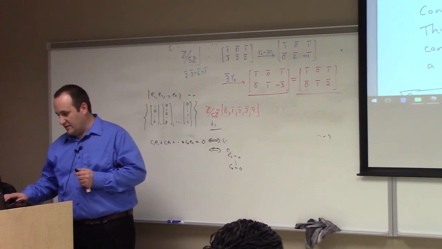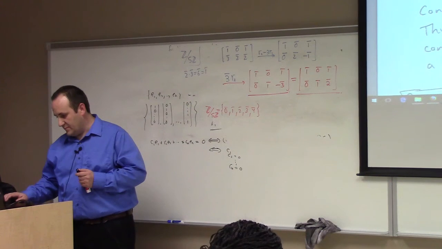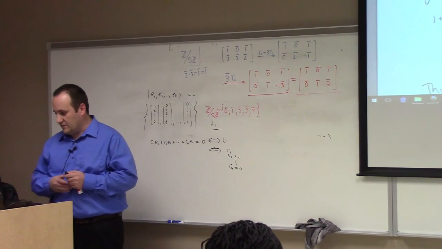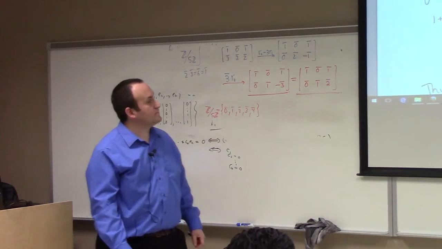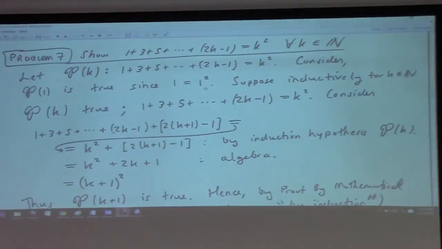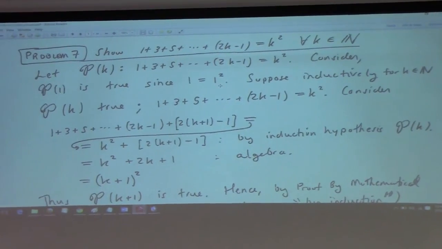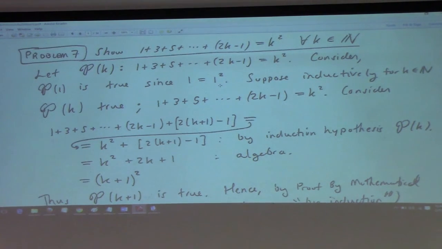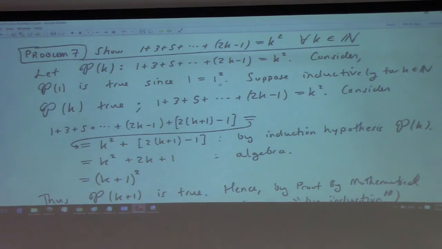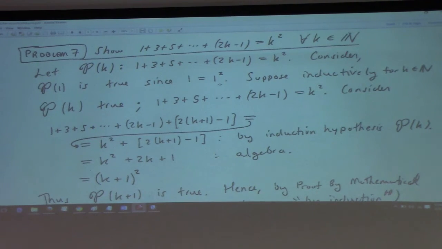This problem actually was innocent enough, but anyway. Here's a typical induction problem. So any questions about this? Yeah. If you put in the 2k minus 1 in the inductive step, are you supposed to solve that algebraically, or just keep it?